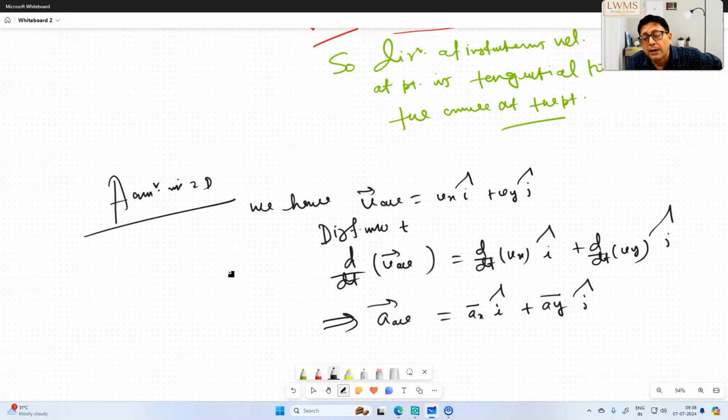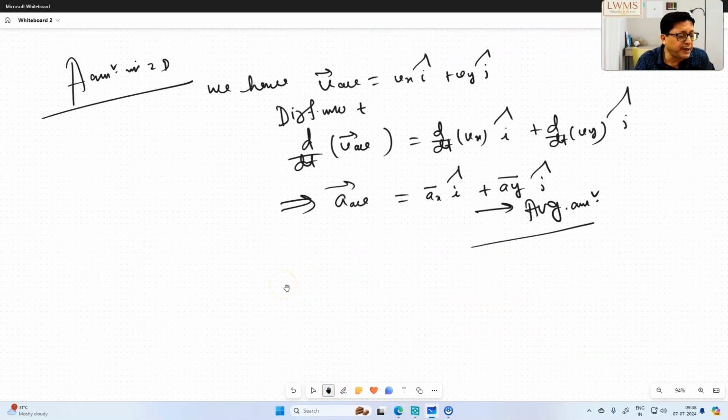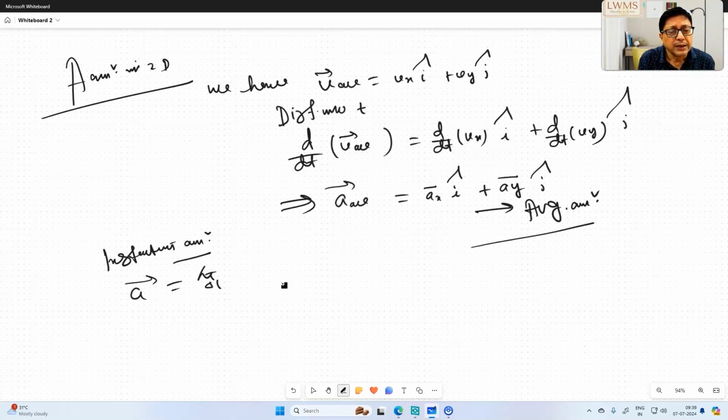Clear? Now again you assume that delta t is tending to 0, then a equals what? This is average acceleration. This expression stands for average acceleration. If we want to define instantaneous acceleration, let us define it. The instantaneous acceleration A will be the limit as delta t tends to 0 of delta v by delta t. Okay?